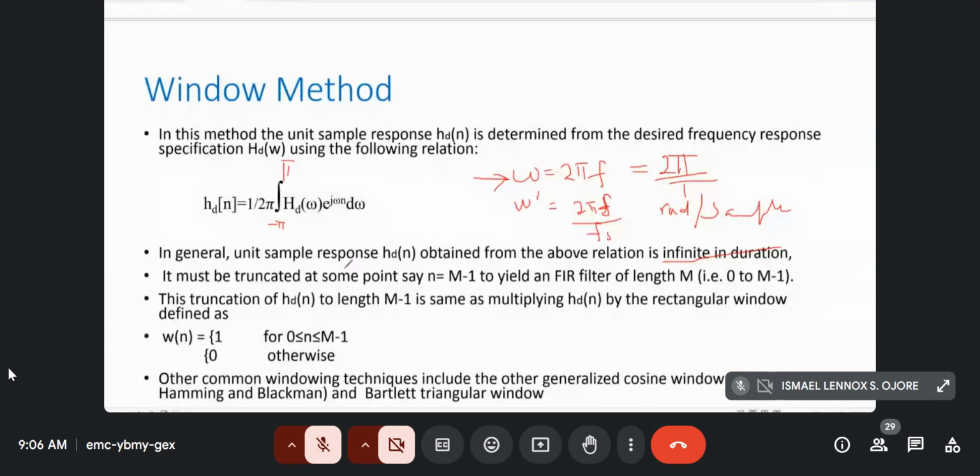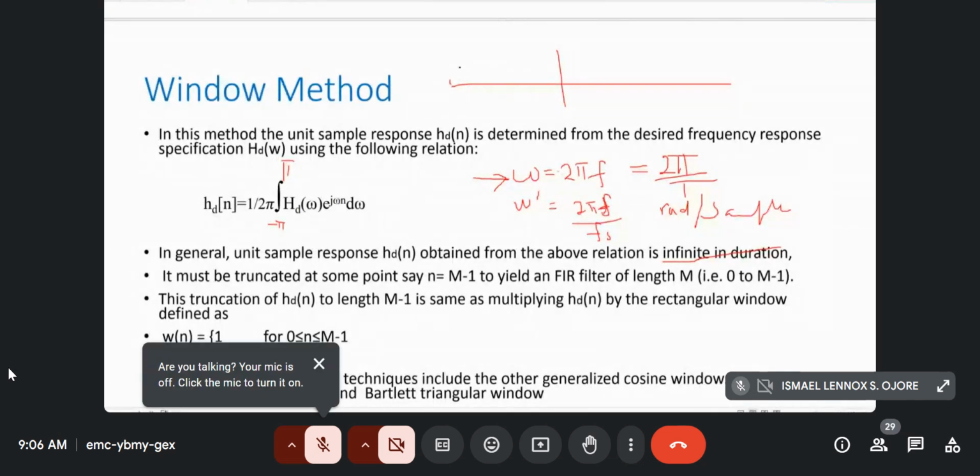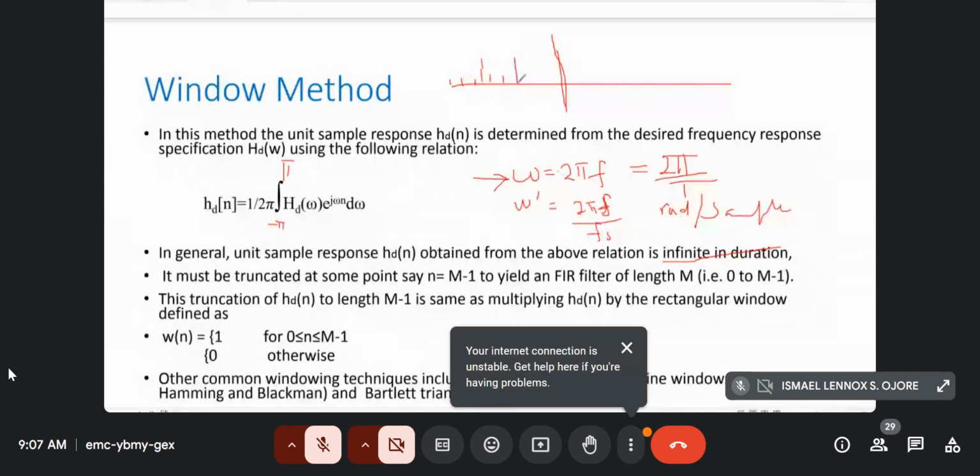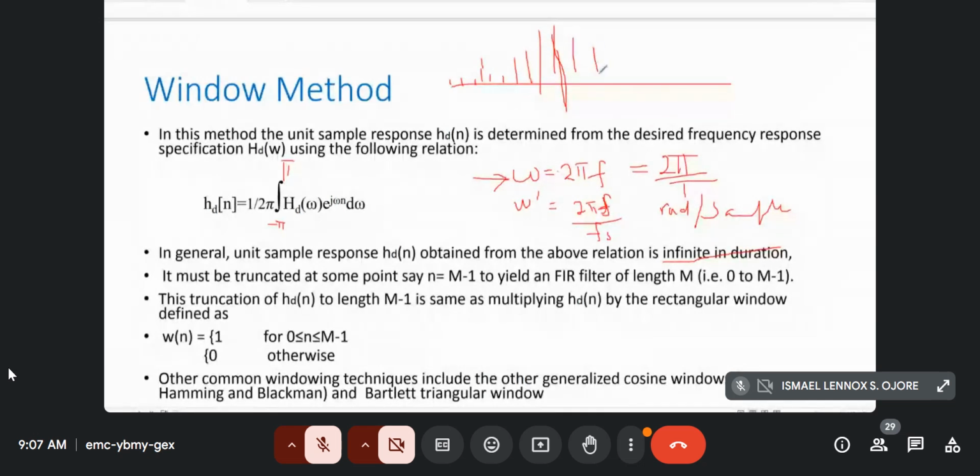So not only do you need... let's say it was like this, symmetrical like that, from negative infinity to infinity.